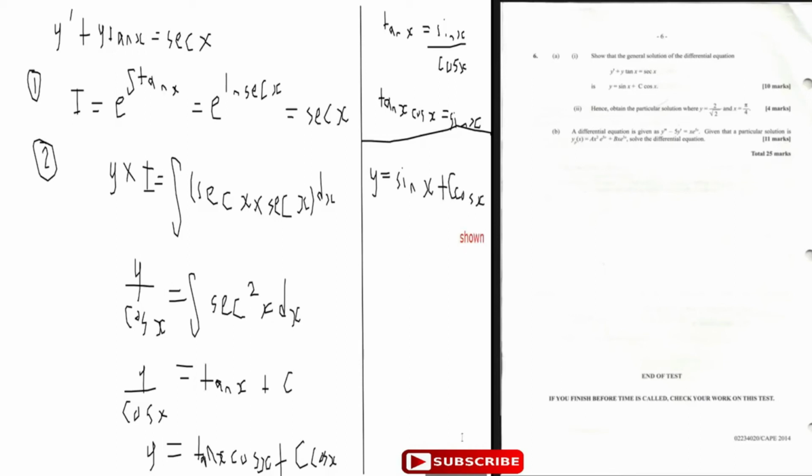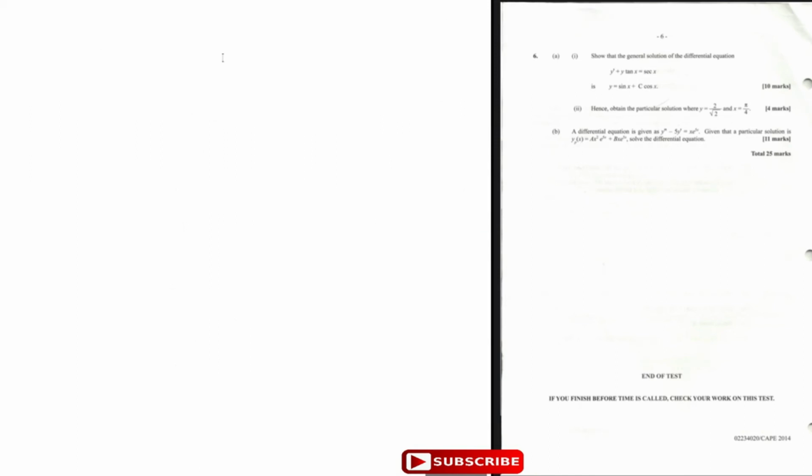What's the next part? It says, hence obtain a particular solution where y is 2 over root 2, and x is pi by 4. So it wants us to obtain a particular solution. So we just found that y is equal to sin x plus c cos x.